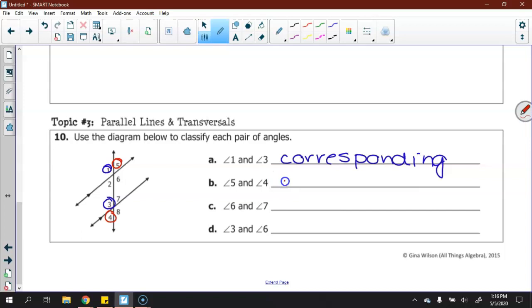All right, 5 and 4 are going to be out here and out here. Those are going to be alternate exterior angles. And the way you know they're alternate is because one is on this side of your little transversal and the other one's on the opposite side. All right, 6 and 7 are same side interior.